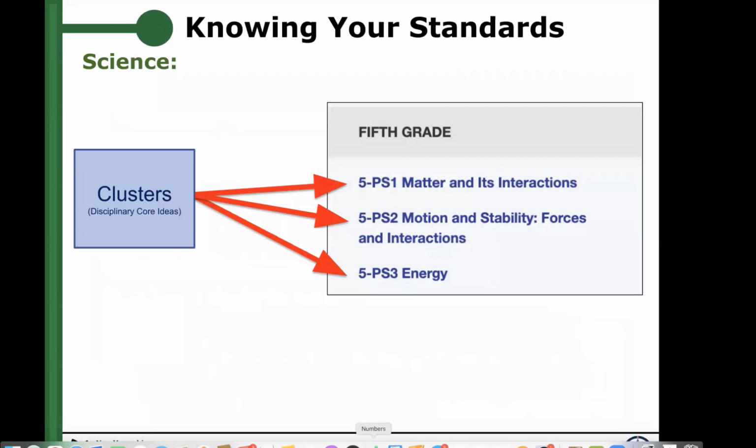And within that, there are a lot of different standards, and underneath each one of these, the Next Generation Science Standards are really detailed in all of the different skills and everything within each one, but they don't necessarily have the standards separated out. You'd have to really drill down into matter and its interactions to see everything that you had from there.